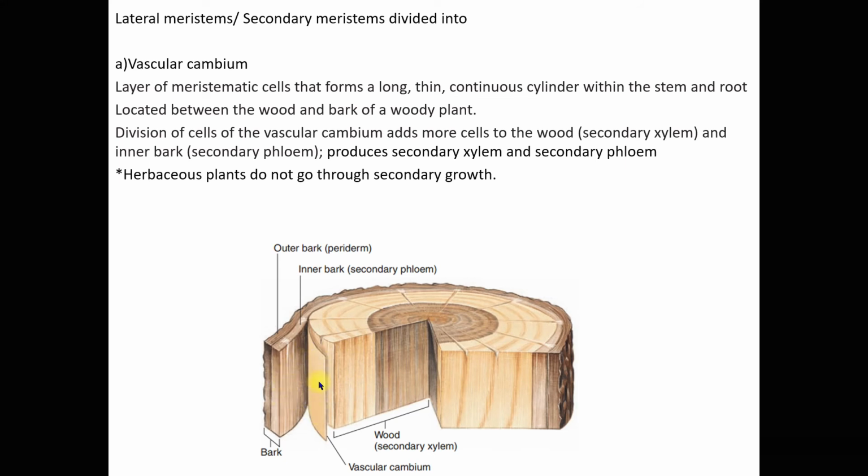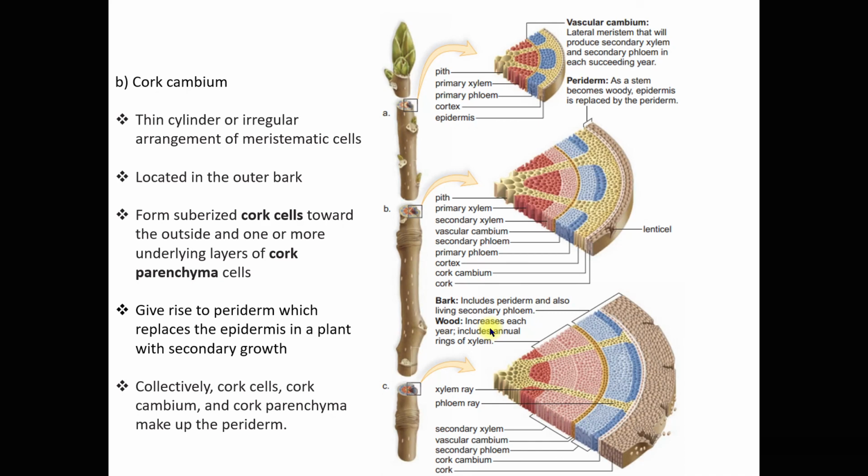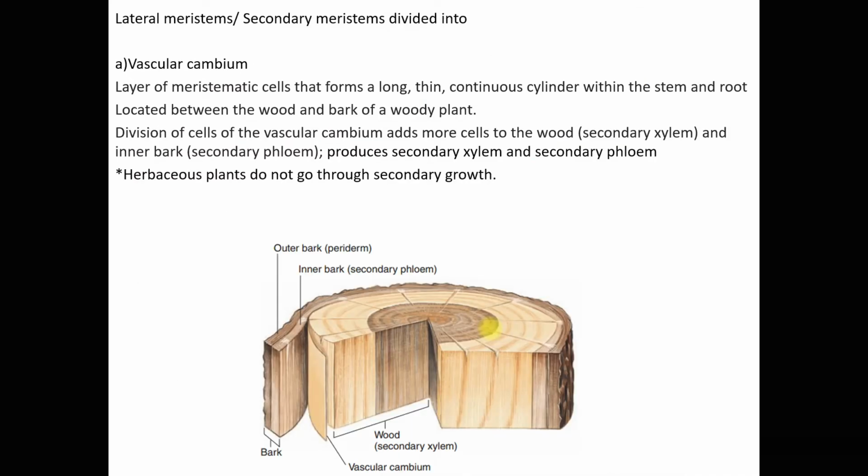So the vascular cambium produces secondary xylem and secondary phloem. Now, herbaceous plants do not go through secondary growth. So that's about vascular cambium.